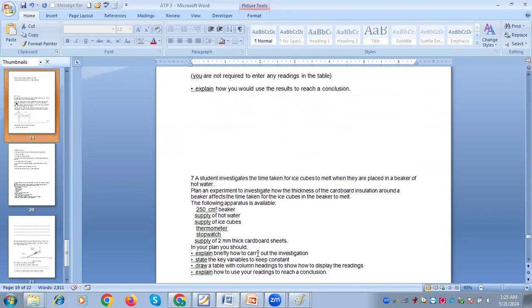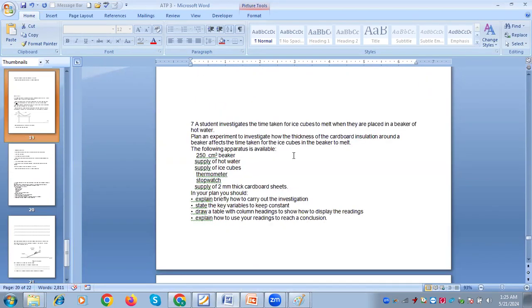Okay. Now, this question is from June 2023, and this is variant 42, and this is O levels. Now, at IGCSE, a student investigates the time taken for ice cubes to melt when they are placed in a beaker of hot water.